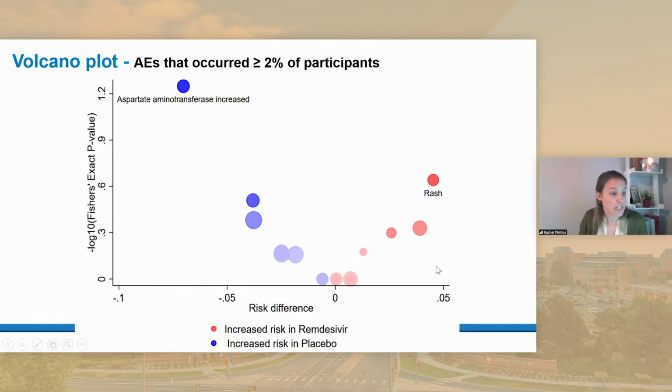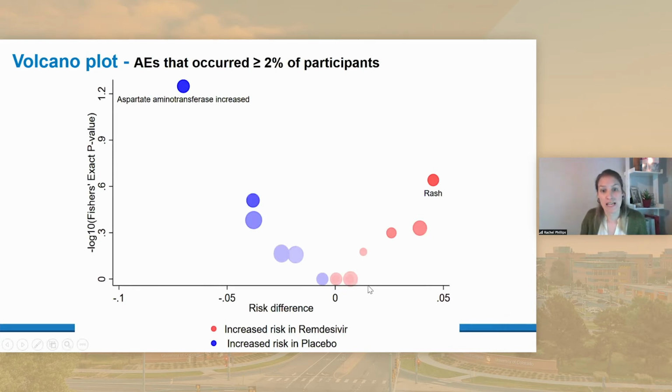The size of each of these bubbles is proportional to the total number of events for both treatment arms. And colour is being used to indicate the direction of treatment effect, with red indicating a greater risk in the intervention arm and blue indicating a greater risk in placebo. And then colour saturation is linked to the strength of the treatment effect corresponding to that p-value.